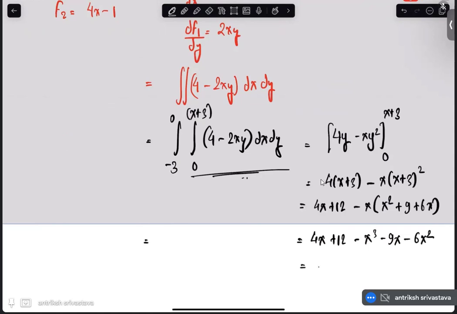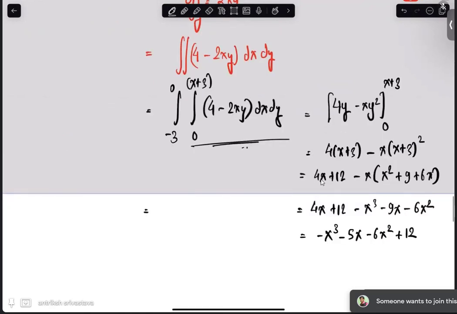So finally upon simplification we get minus x cube, minus 5x, minus 6x square plus 12. Okay, so this is my expression.